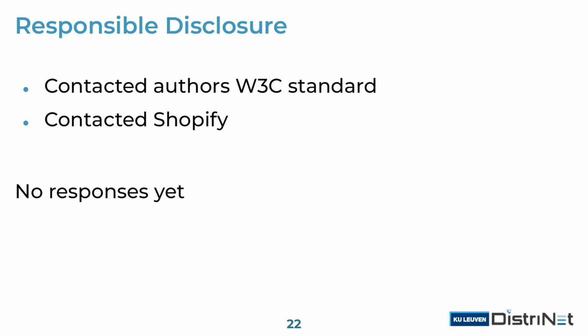And we also sent it to Shopify, not because we found specific vulnerabilities, but just because we wanted to inform them about the fact that they are using this header, and they are exposing some information that is quite specific. We just want them to know about this and to be able to possibly prevent future leaks. But we haven't received any responses as of now.